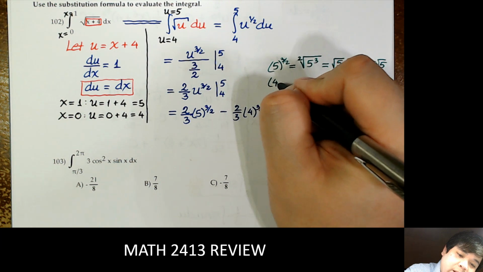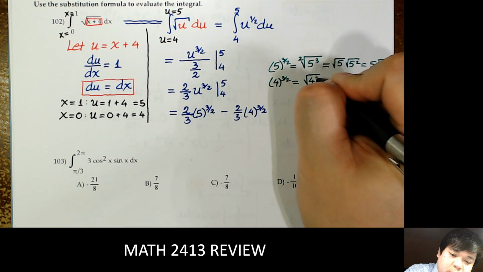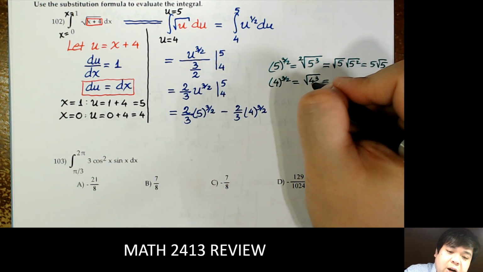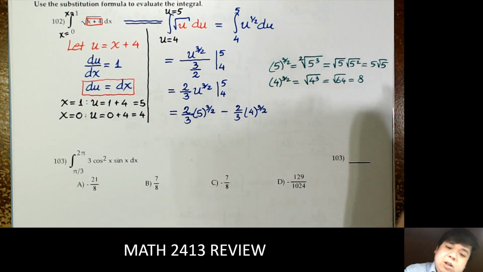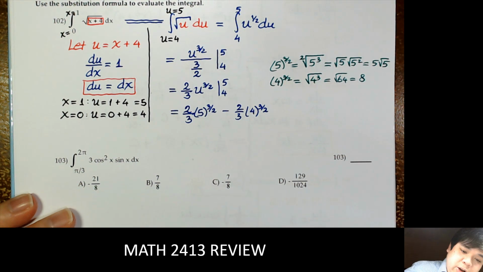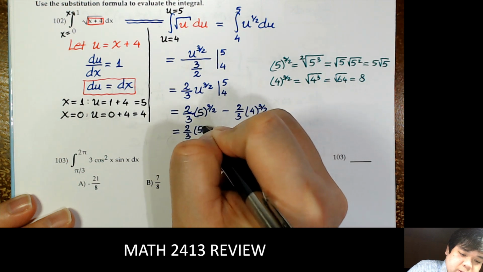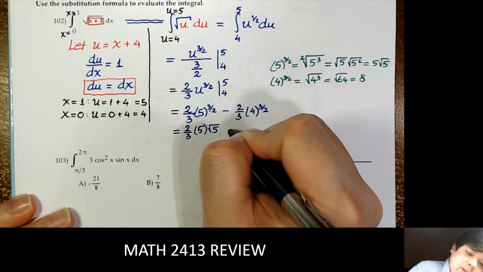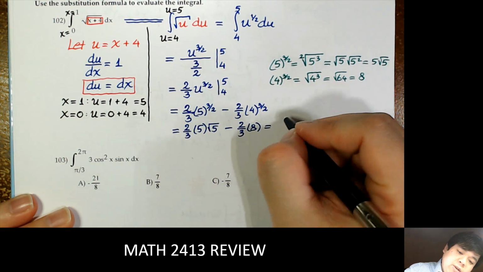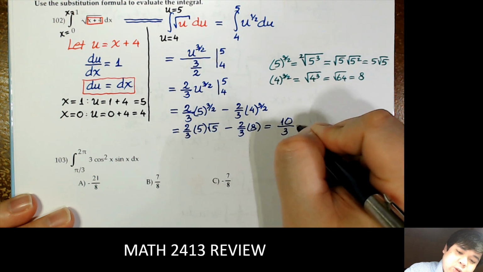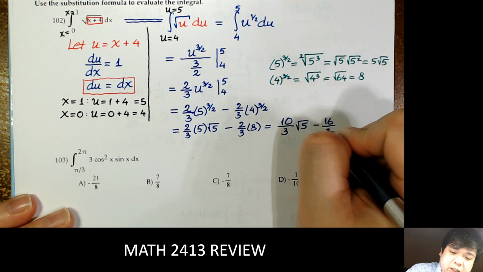And 4 to the 3/2, so square root of 4 cubed. 4 cubed is 64, so the square root is 8. So if we want to, we can evaluate using those numbers. So 2/3 times 5 square root of 5 minus 2/3 times 8. So that gives us 10 over 3 square root of 5 minus 16 over 3.